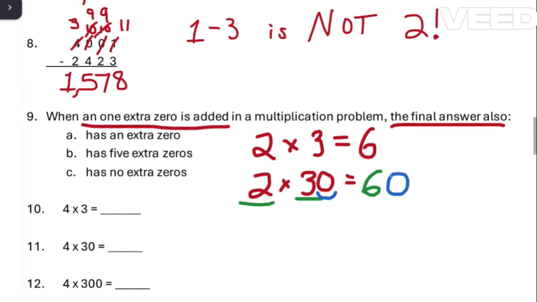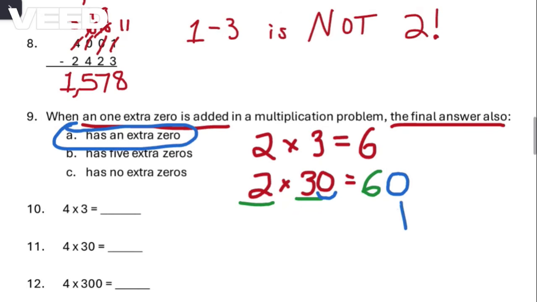This is what this problem is saying, class. So we know that our answer is going to be A. When an extra 0 is added at the end of a factor in a multiplication problem like we have here, our answer also has 1 extra 0, which came from our question, which had an extra 0. Are there any questions, class?